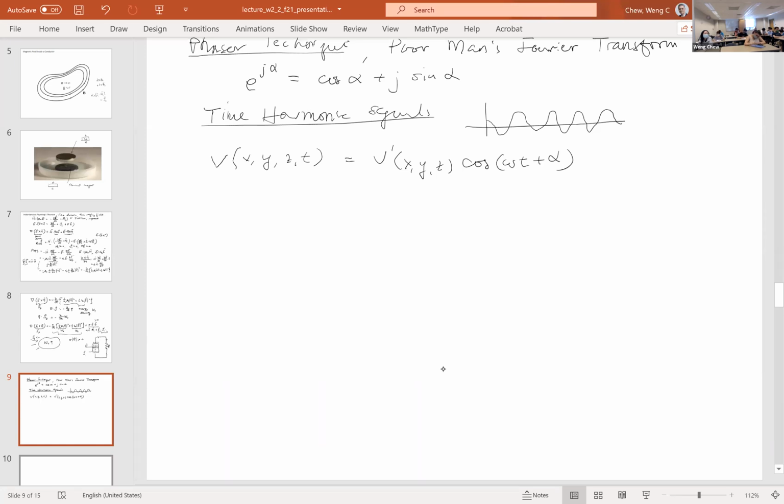And different positions might have different phases. This is the amplitude. And this alpha can also be a function of position. So you can convince yourself that this is the case.